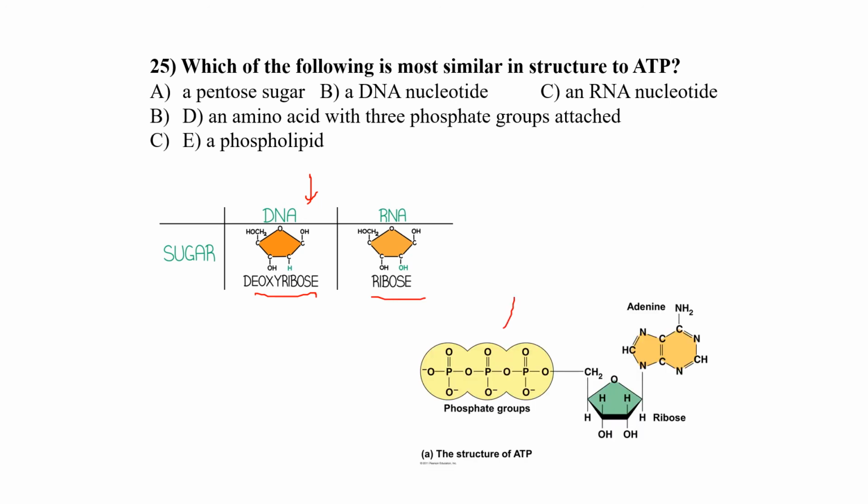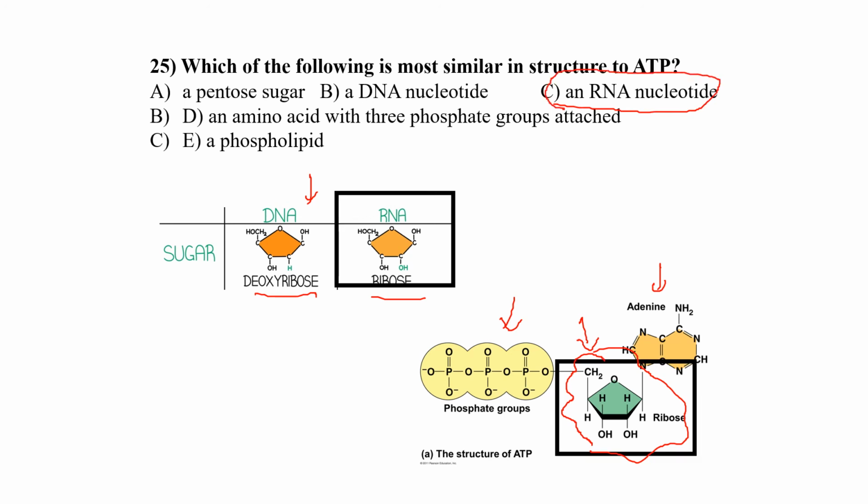And if you see, the other components are phosphate groups and adenine, but the key one is ribose. So the answer will be C, an RNA nucleotide. As I show here, this one and this one. So this one will be the correct one.